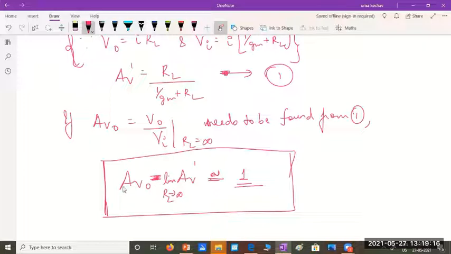So we can find the open circuit voltage gain by considering the voltage gain with RL and then substituting RL as infinity. But we can't find AVO first and then find AV dash like in other circuits. So please remember this. Let's continue tomorrow.